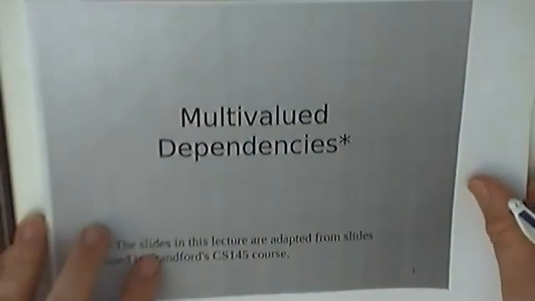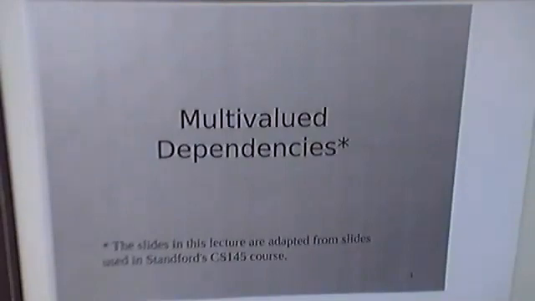I'm trying to think if there's anything I've missed here. I'll just say a couple things before we get to the multi-value dependencies. If you're interested, there are proofs, using what's called the chase algorithm, as to why things stay lossless under these two different decompositions.